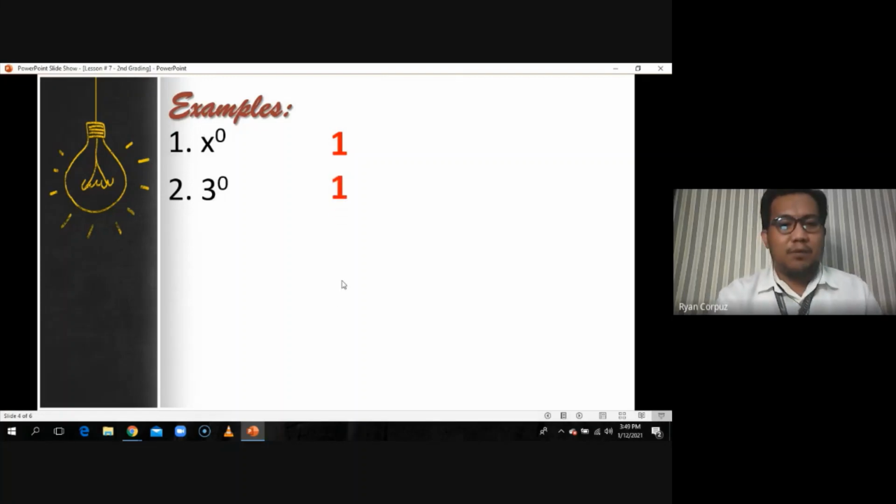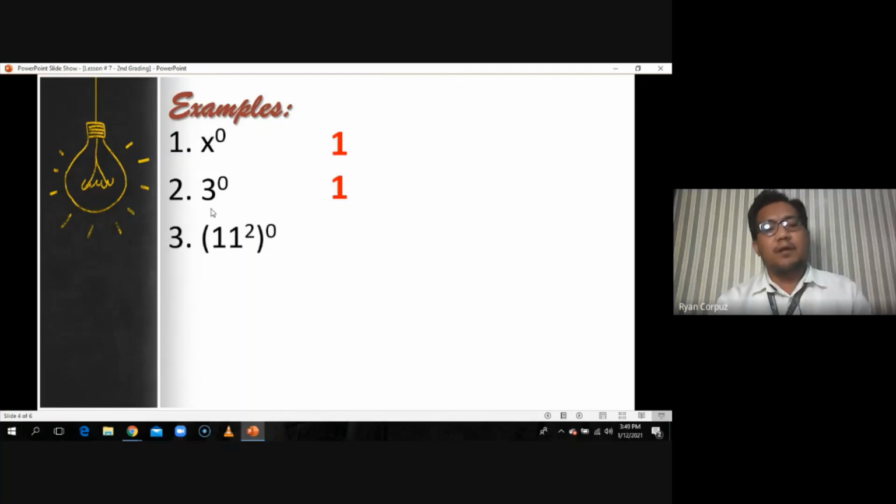So both number 1 and number 2, ang sagot niya ay 1. Bakit? Because even though they do have different bases, since they do have the same exponent na 0, and according to what you have to take note, any number or variable that was raised to 0 is equal to 1.